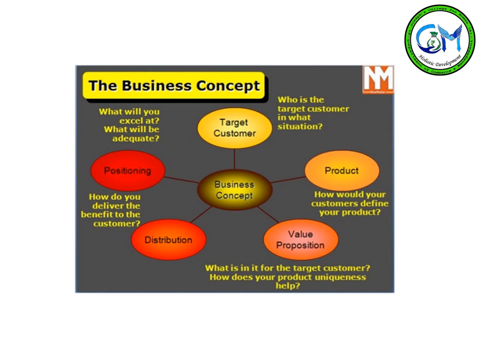So coming to the business concept, we have these 5 divisions. The first one is product. Without the product we cannot run the business. Here the product may be a manufactured product or maybe a service product also.